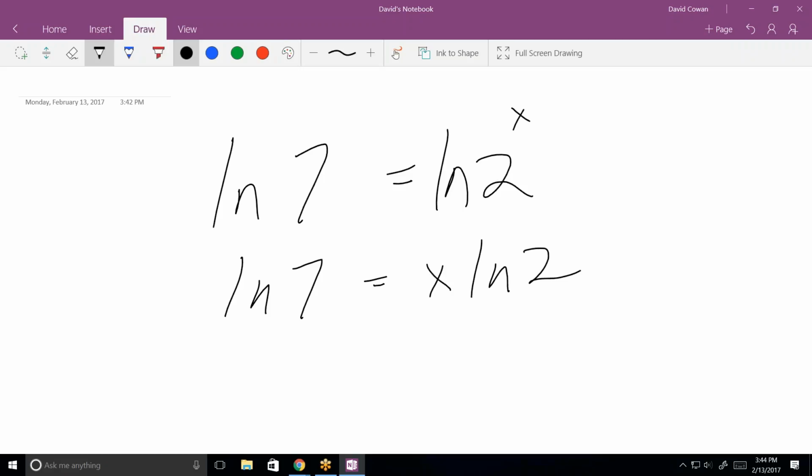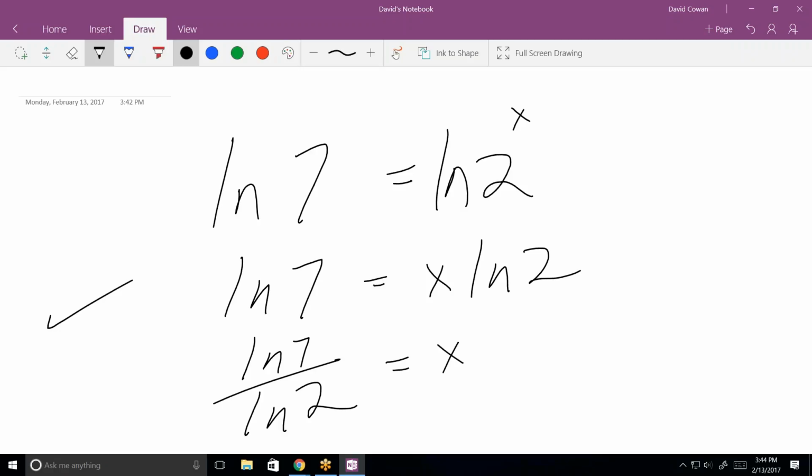And finally, now we can solve this thing algebraically. It's now an algebraic expression, and x is natural log of 7 divided by natural log of 2. One thing that's always really important to remember is that logs are just numbers.